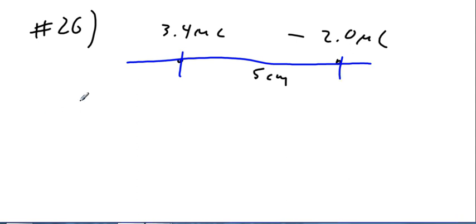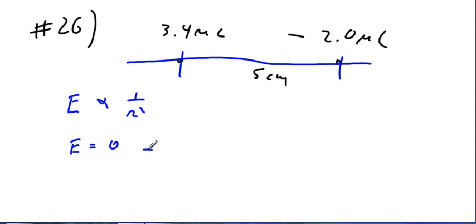All right, so the first one is electric field, right? Two charges, the electric field. So E is proportional to 1 over r squared. And we want to know where E is equal to 0.